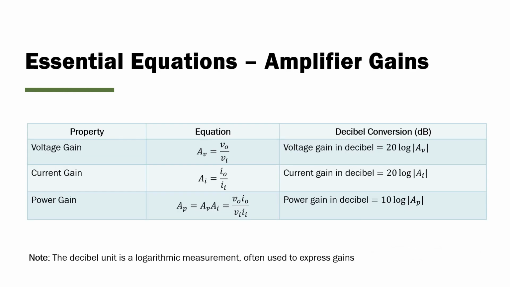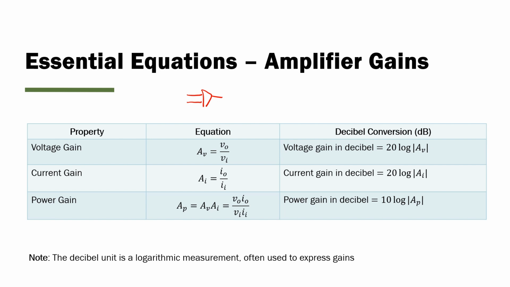These are the three essential equations for amplifier gains. We have a voltage gain, a current gain, and a power gain with every amplifier. In these equations, A is the gain, and the subscript determines what kind of gain. So A sub V means the gain of voltage.